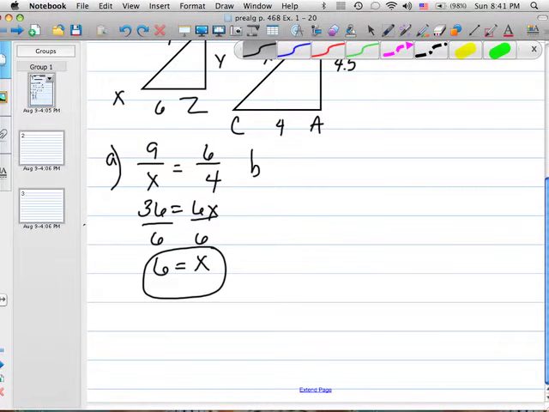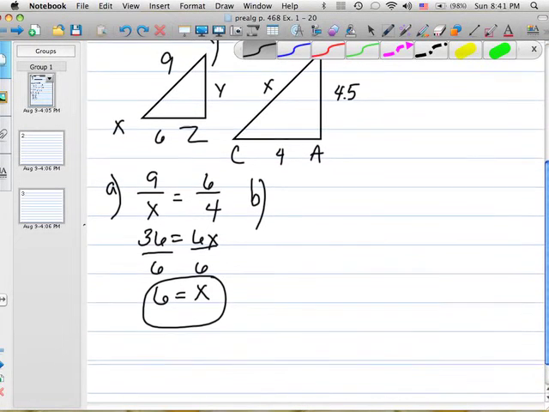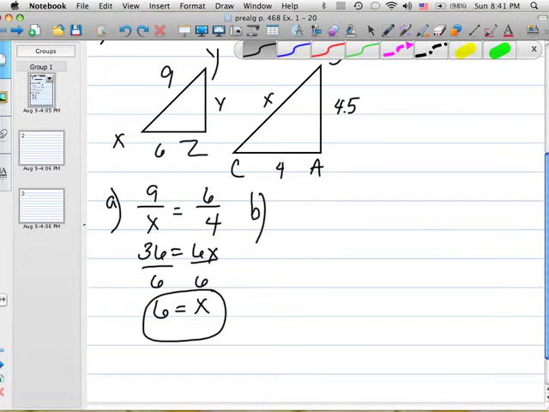There are two parts to these problems. There are two unknowns. Part B is to find y. We can use the same proportion here, the 6 over 4. Since I started with this side, I'm going to start with the y over 4.5 because that's in the same place.